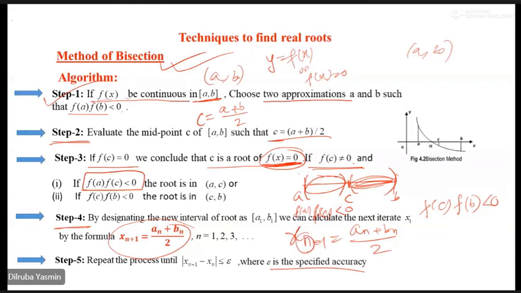So suppose n equal to 1, what will be the x value? x2 is equal to a1 plus b1 divided by 2, and from where do you get a and b? At the beginning you consider this closed interval, and from this closed interval you get the open interval.